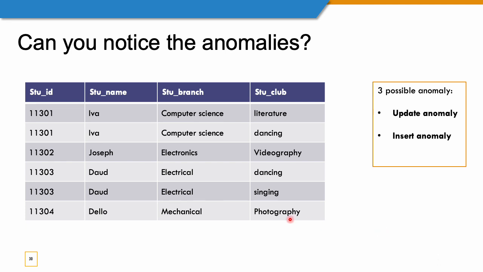And then if we remove the photography club from the college, then we will have to delete its row from the table, but it will also delete the details of the student in that row. So this is called delete anomaly, and of course it will make the database inconsistent again.